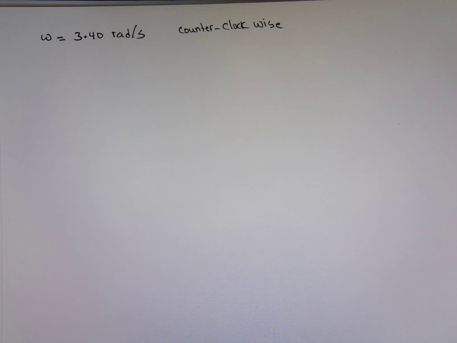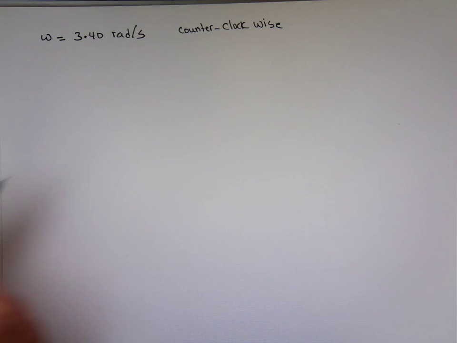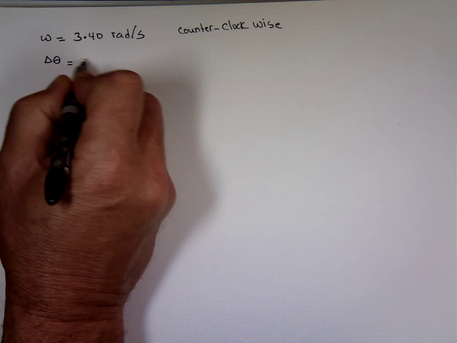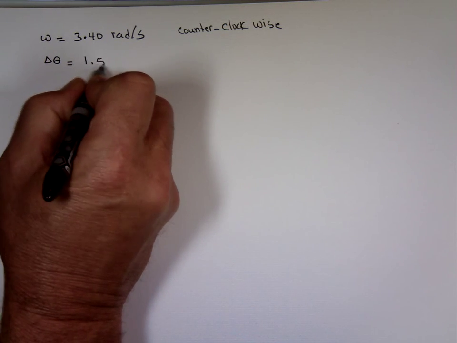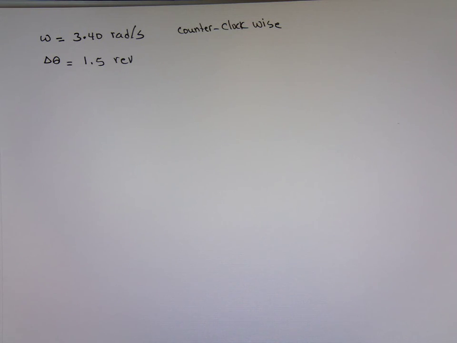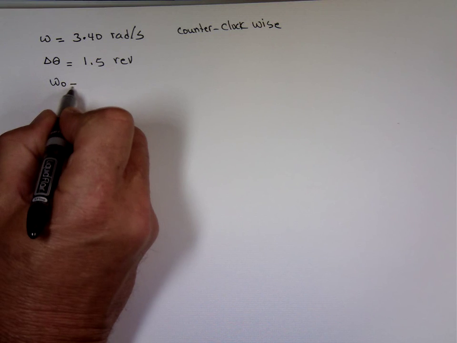Then it's going to spin around for a while. And let's say the change of theta, I didn't spin it that hard, is 1.5 revolutions. Then usually it comes to a stop. You wait for it till it stops, so your final angular speed is 0.